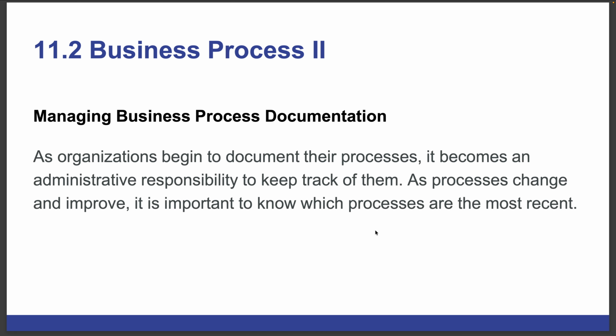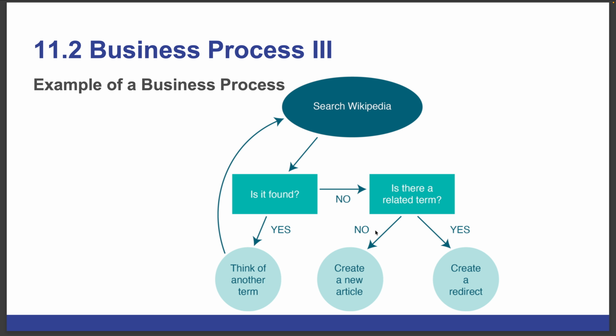Let's take a simple example of creating a Wikipedia page. Let us say we want to create a Wikipedia page on a topic of interest or a person of interest. So the process may not necessarily be just about creating a page. It is searching the Wikipedia and seeing if somebody else has already done it or not.